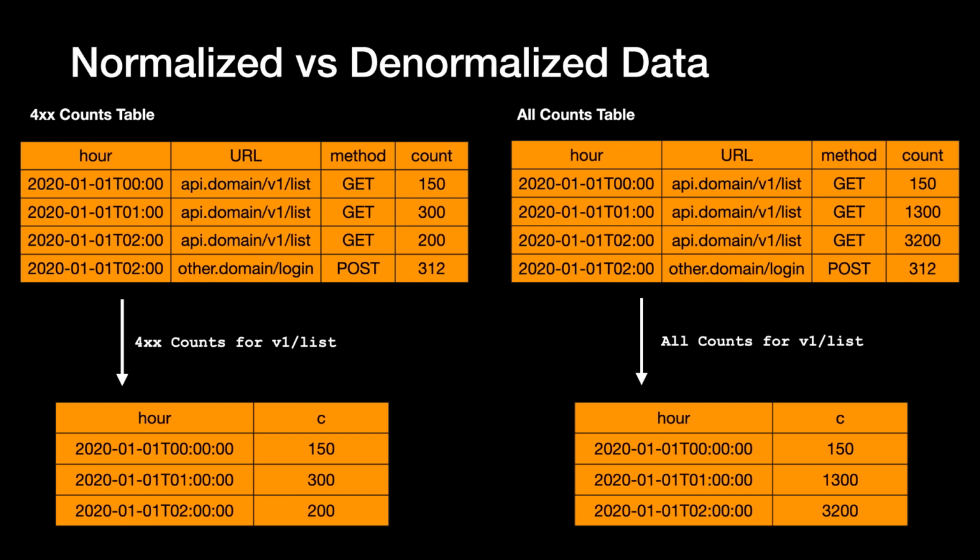Here we'll see that now we have a dedicated 400 counts table, and a second table that has the overall counts. The advantage here is that when you're looking for 400s, you have to filter out way fewer rows because you already know this stuff is pre-aggregated and it's going to be closer to what you want.